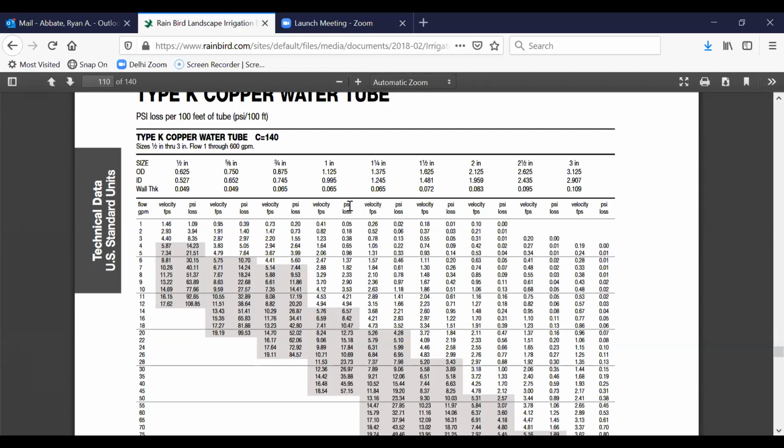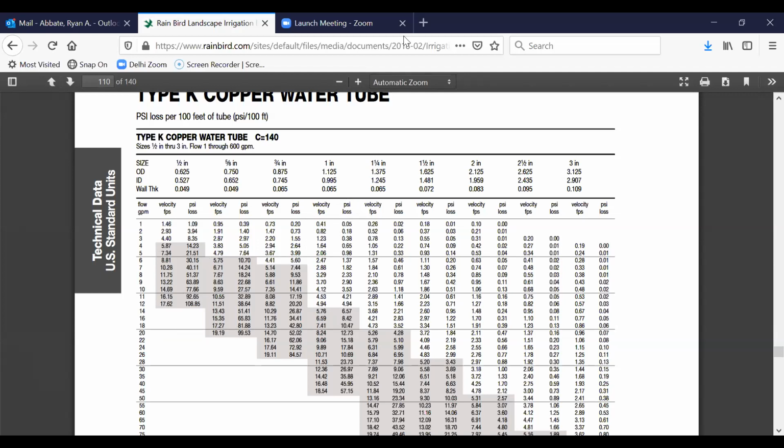I can see where you got lost. We're not looking at this column for this instance, but at the velocity column. So the velocity can't exceed 7.5 FPS, and that gives us an available flow of 18 gallons per minute. Does anybody have any questions about how Dylan came up with that?